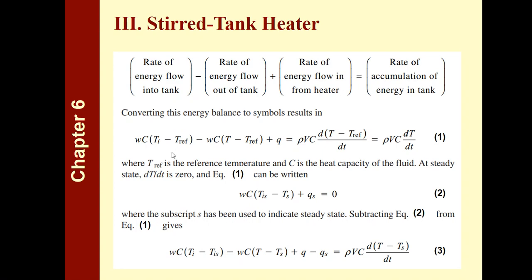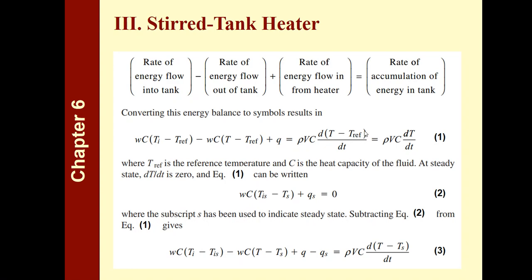So this is the energy of the fluid coming in, this is the energy of the fluid coming out, and this is the energy inputted into the system by the heater. The rate of accumulated energy will constitute the product of the density, the volume, and the specific heat capacity of the fluid, and dT minus T reference again.